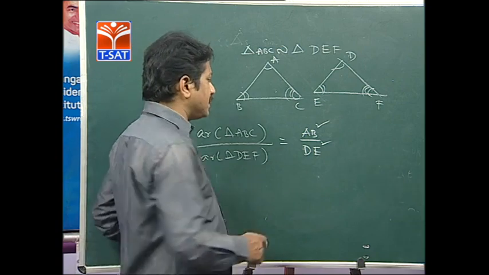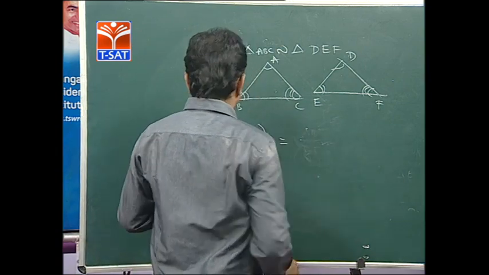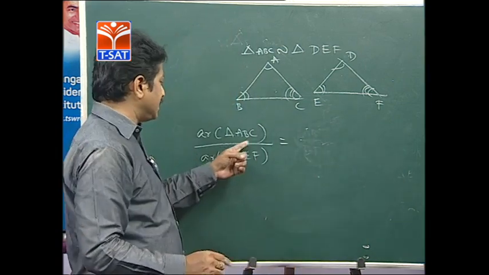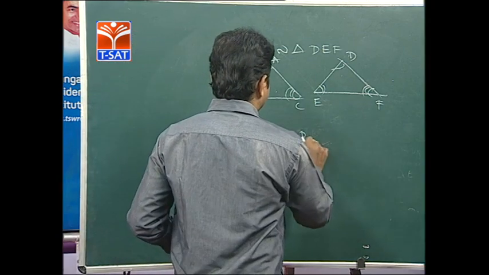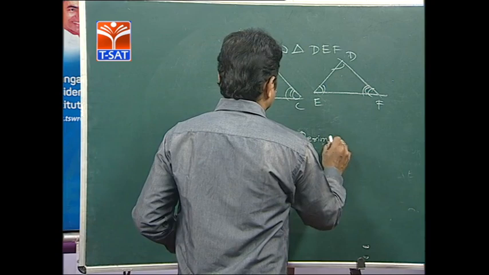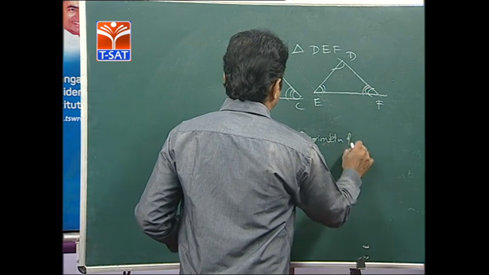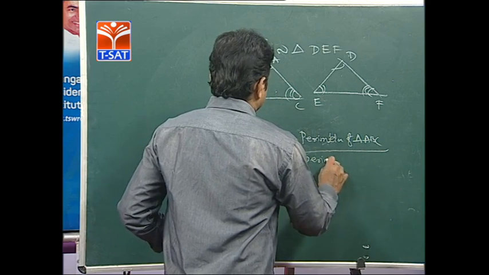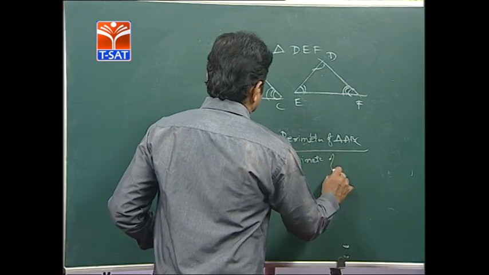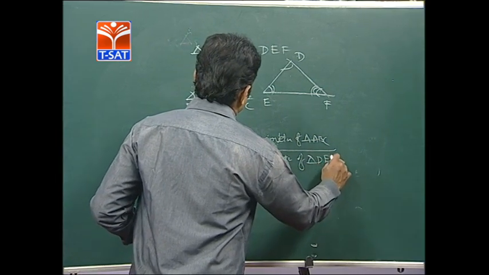The most important one is the ratio of areas of similar triangles: area of triangle ABC by area of triangle DEF is equal to perimeter of triangle ABC by perimeter of triangle DEF.